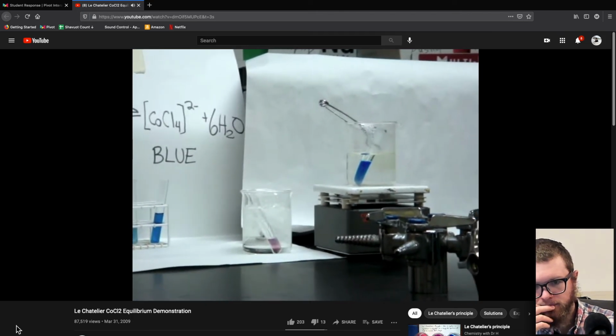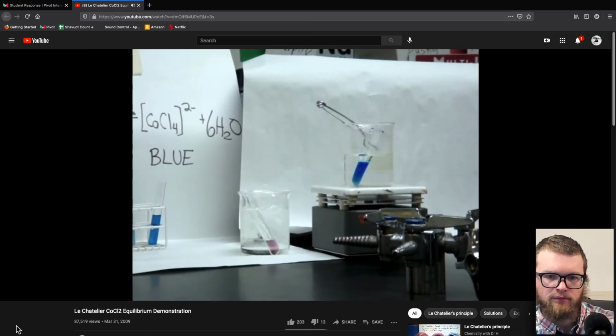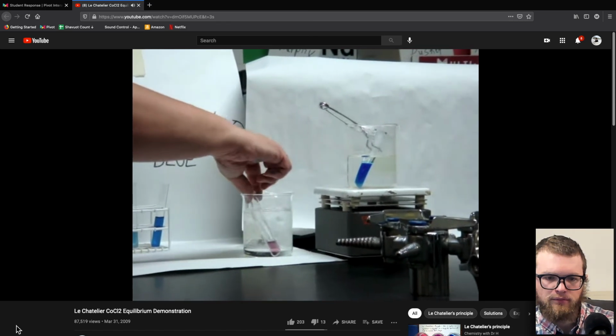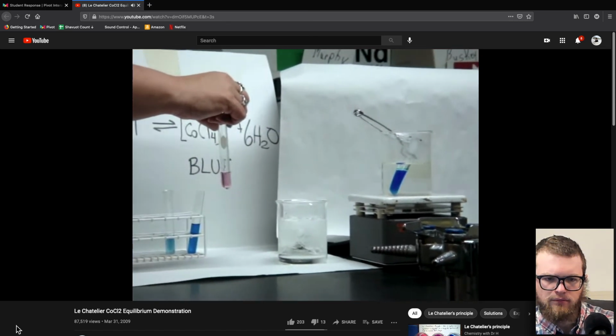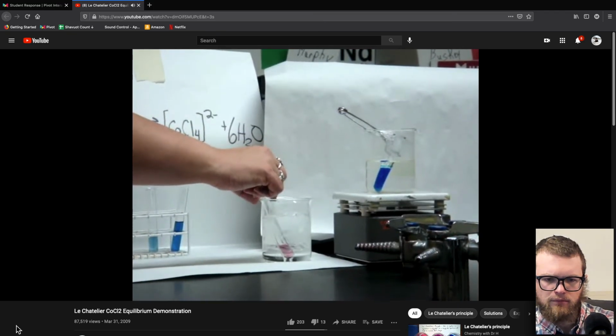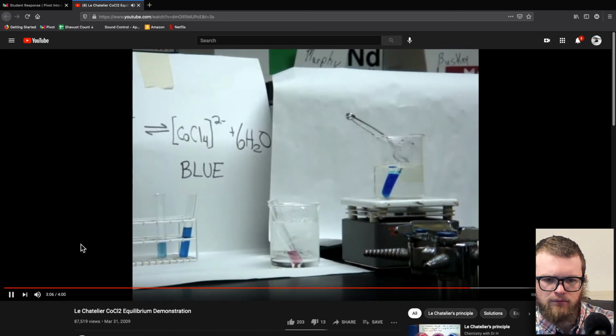Whoa. So the heat has made it turn really, really blue. And if you look at the ice water, it's turned really, really pink. Now your job is to figure out why.